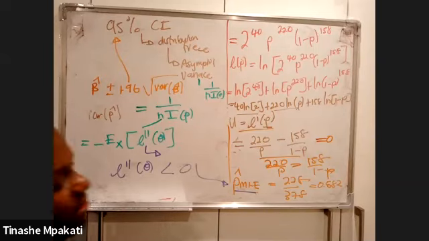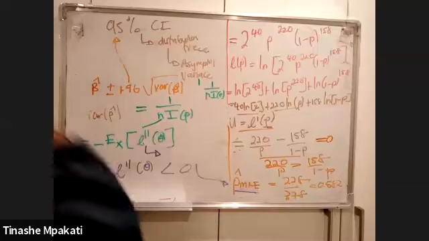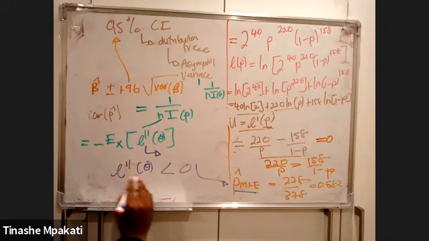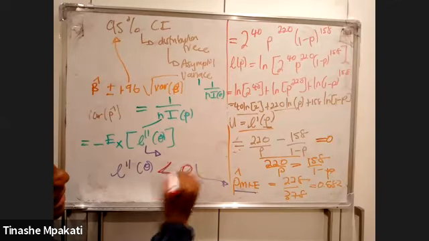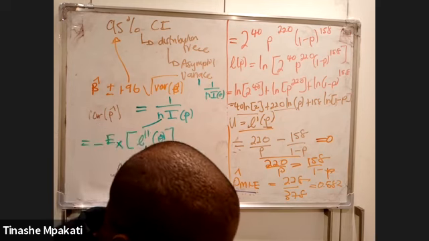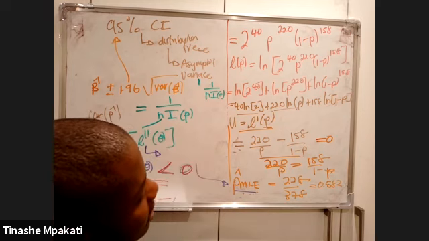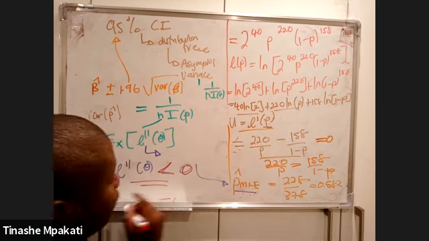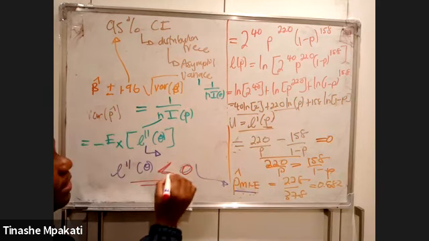Something I always forget, but it's important depending on who your marker is. Whenever you find a maximum likelihood estimate, take the second derivative and show that it's less than 0, which proves that what you have there is a maximum. Because it could be a minimum, to show that it's a maximum, this has to be less than 0.